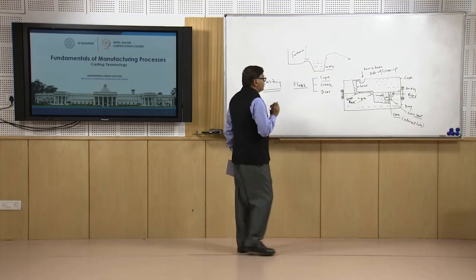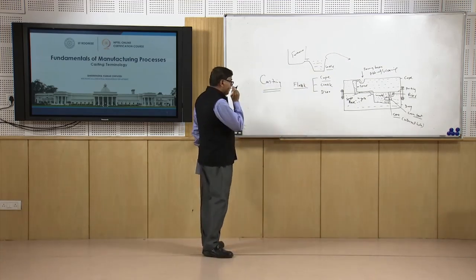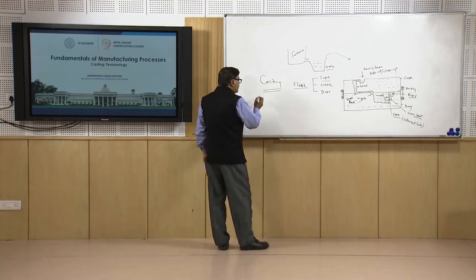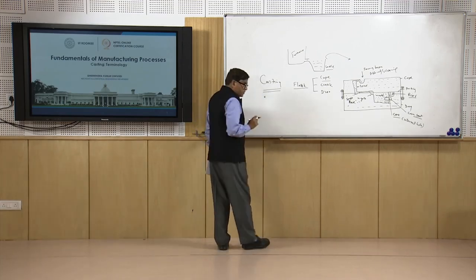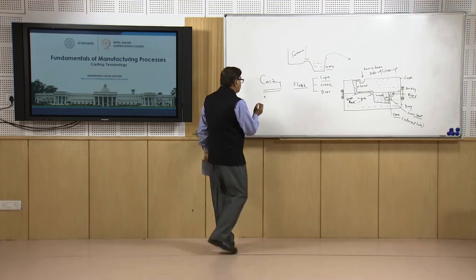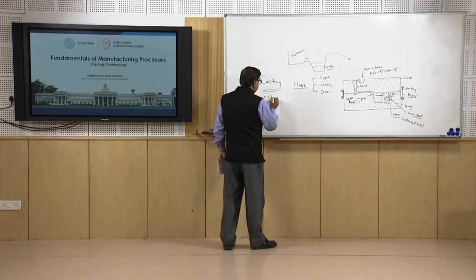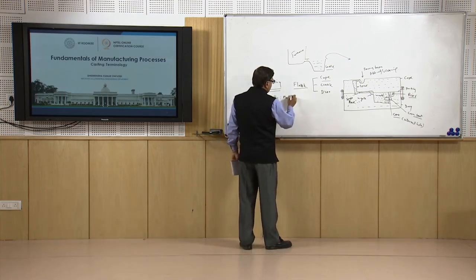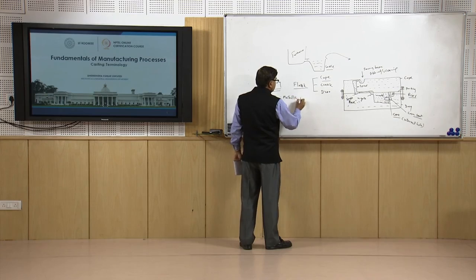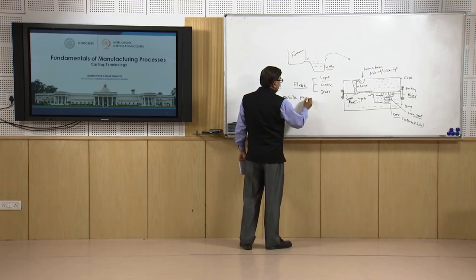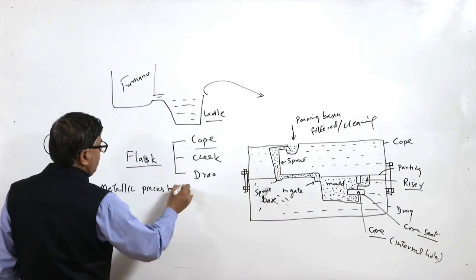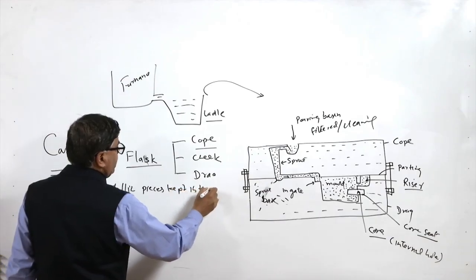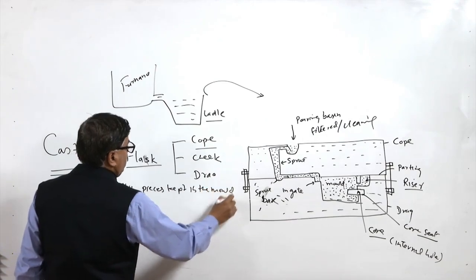So, in addition to this, some more common terms are used related with the casting, like one is chills. Chills are just metallic pieces kept in the mold.